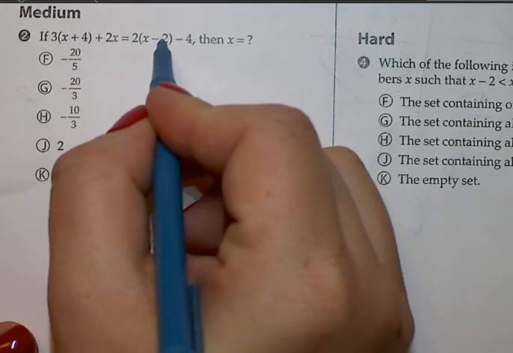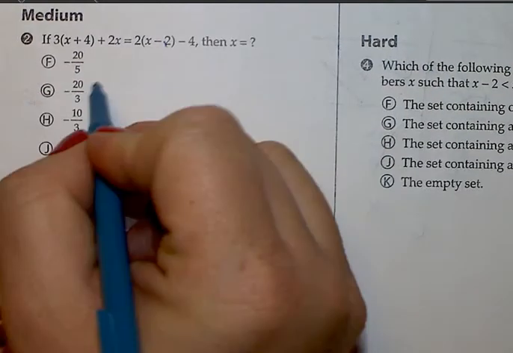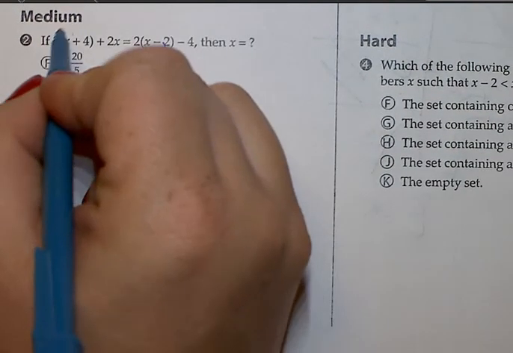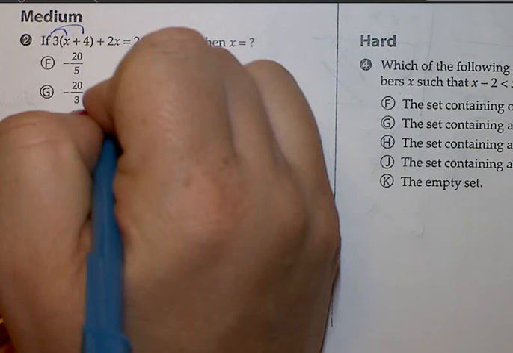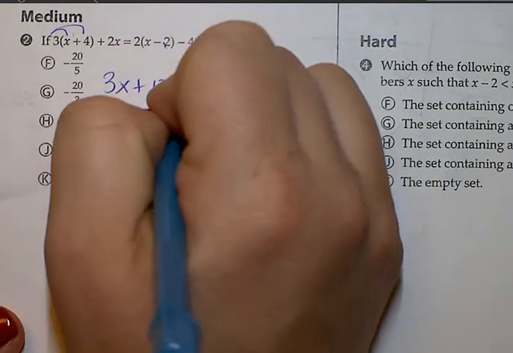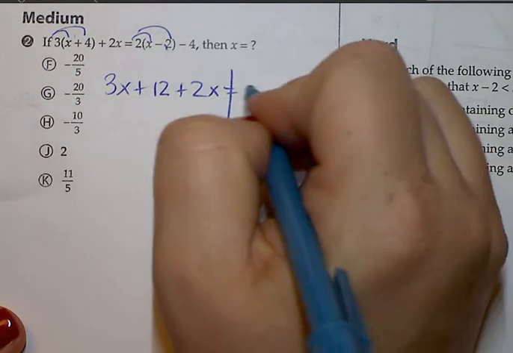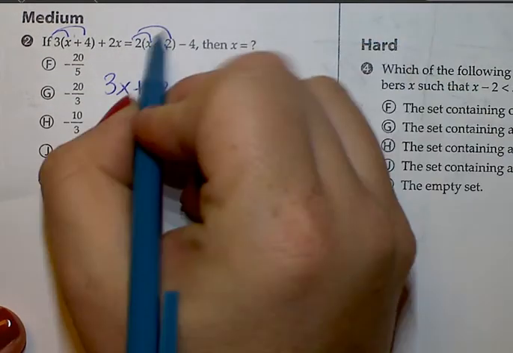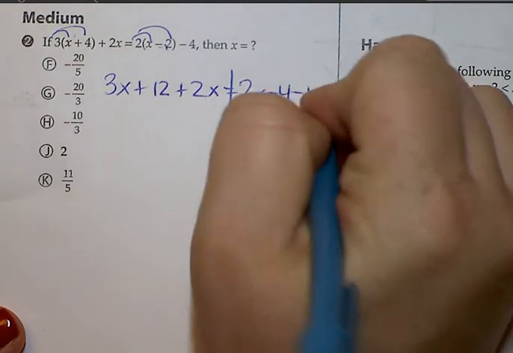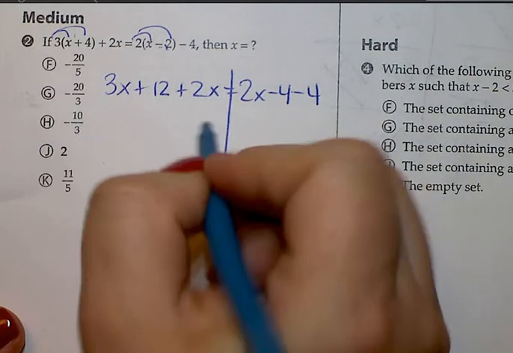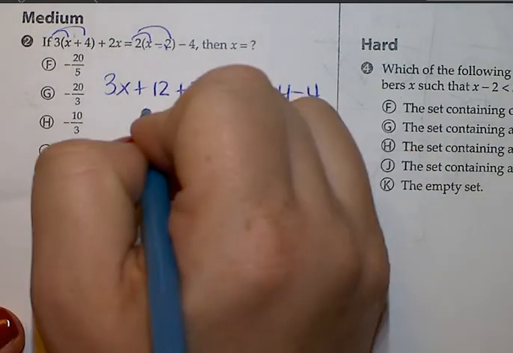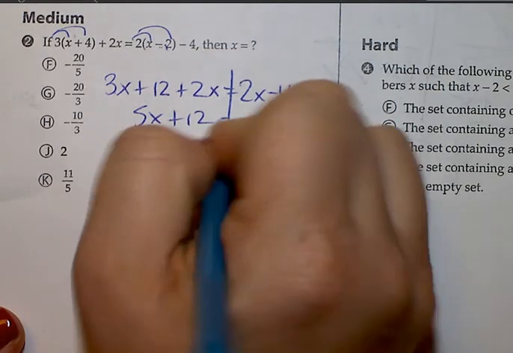So as I write it down, I'm going to be distributing at the exact same time. 3x plus 12 plus 2x equals 2x minus 4, don't forget the subtraction, minus 4. Okay, I'm going to combine like terms on the left and right. 2x and 3x is 5x plus 12 equals 2x minus 8.